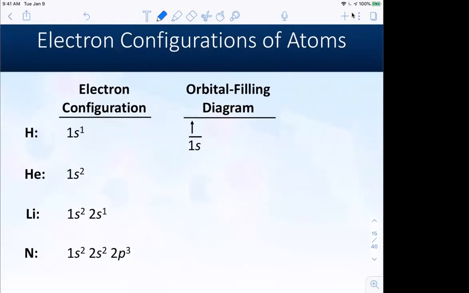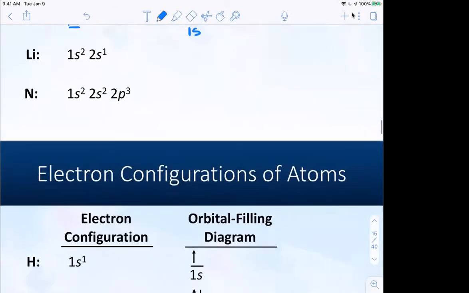So if I start looking at the orbital filling diagrams and I correlate that with electron configurations, for hydrogen, I have 1 electron, so I have a 1s1, right? If I look at helium, which is 1s2, what I have to think about is that I'm going to put that second electron in there and I'm going to spin pair it.